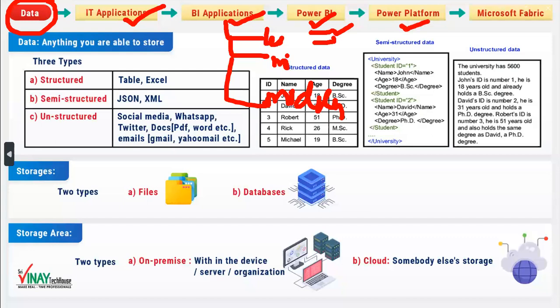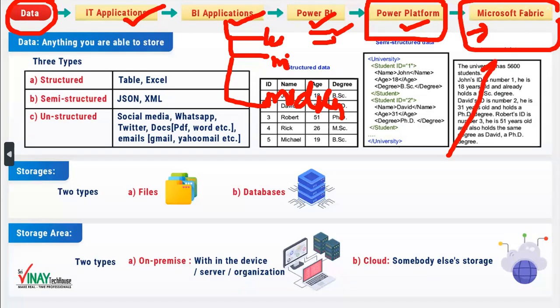And what is Power Platform? Why Microsoft released Power Platform, I explained. And then Fabric. This is the current one, where Power BI is part of Fabric. All of you learning Power BI are learning a part of Fabric. Then what is Fabric?